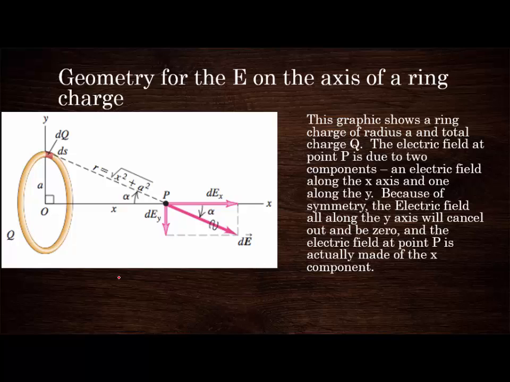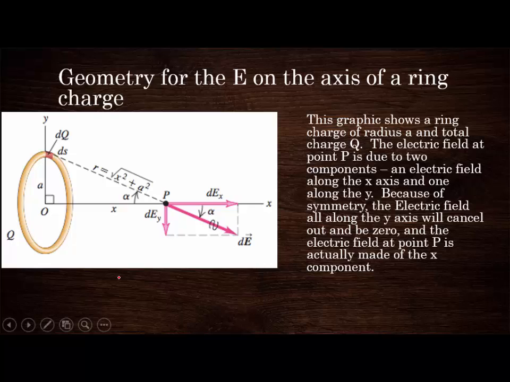That little chunk contributes a charge amount that they're calling dq. This little tiny piece of the ring does contribute to the electric field at this point, just like this little chunk and this little chunk, etc.